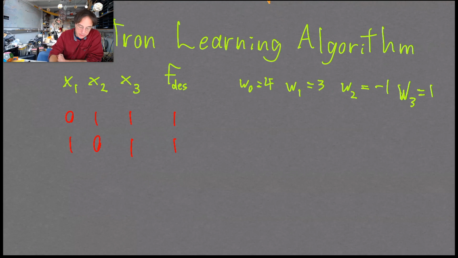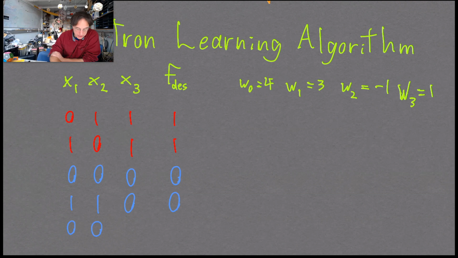And there are also some points on the other side of the line. Maybe 0, 0, 0: if all the inputs are inactive, the unit should be inactive. And if both of these units are active, it should be inactive. Or maybe if just the last unit is active, it should also be inactive. So this is some set of requirements. This is the desired function.